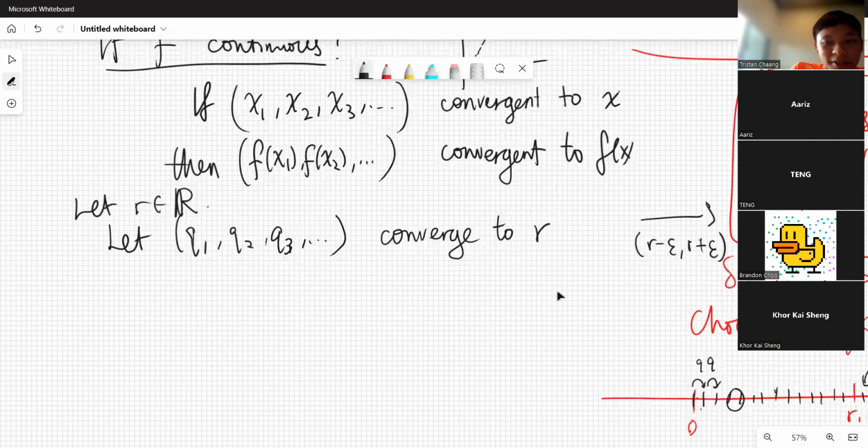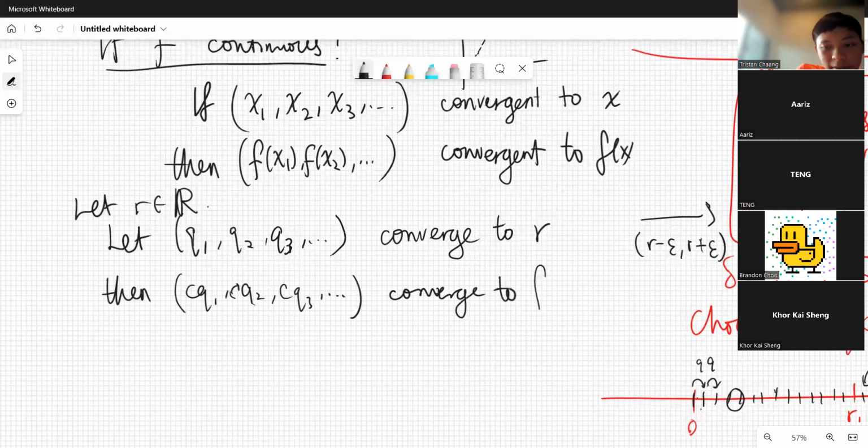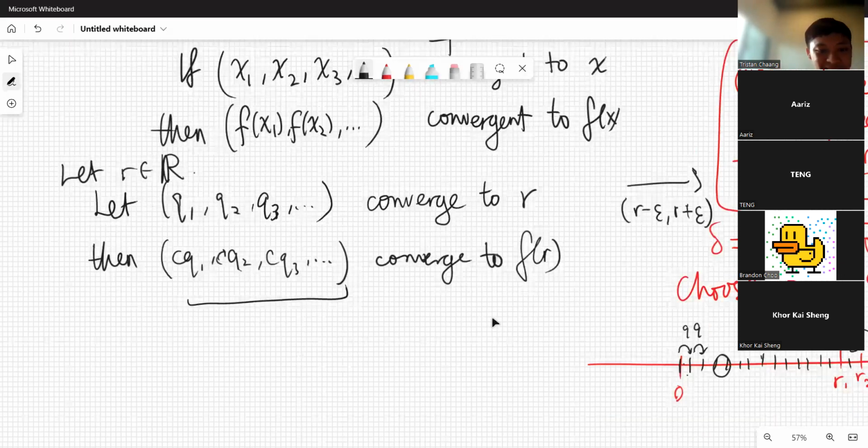So let this be convergent to r, then since f is continuous, f(q1), which is c q1, f(q2), which is c q2, f(q3), which is c q3, this should converge to f(r), right? But this sequence is just the previous sequence multiplied by c.